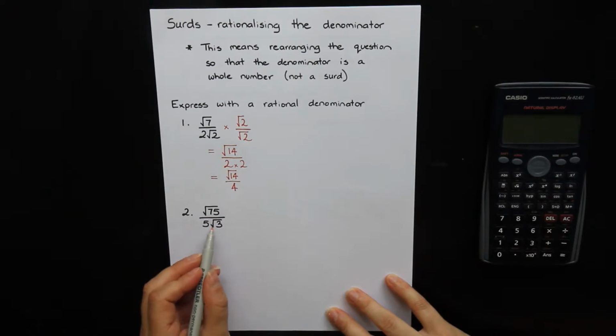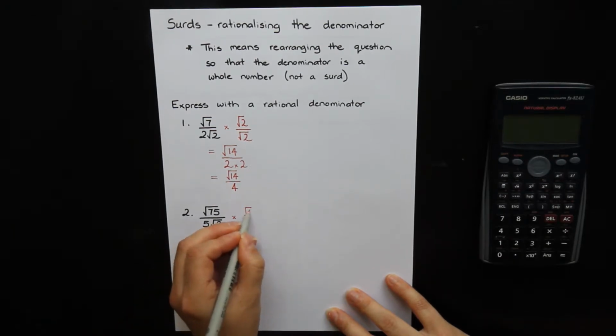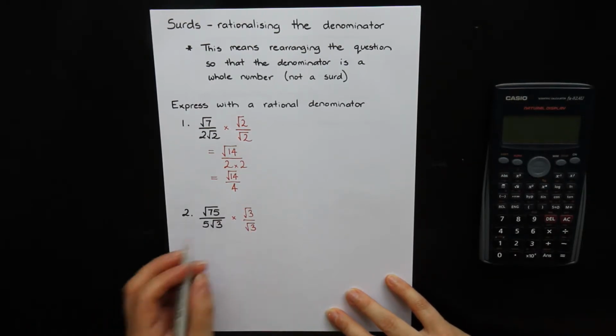Let's do that again. So to rationalise this denominator here, the square root of 3 is my surd, so I need to multiply by square root of 3 over square root of 3. Okay, then I multiply everything out.